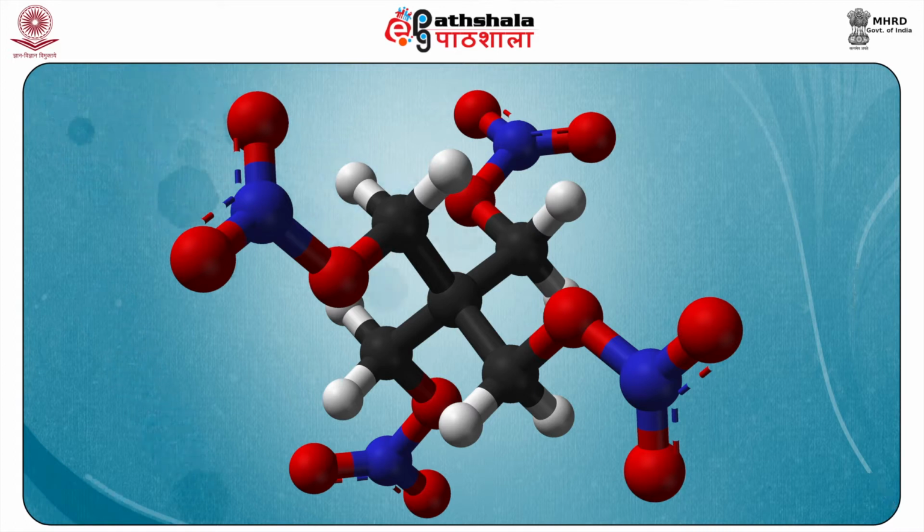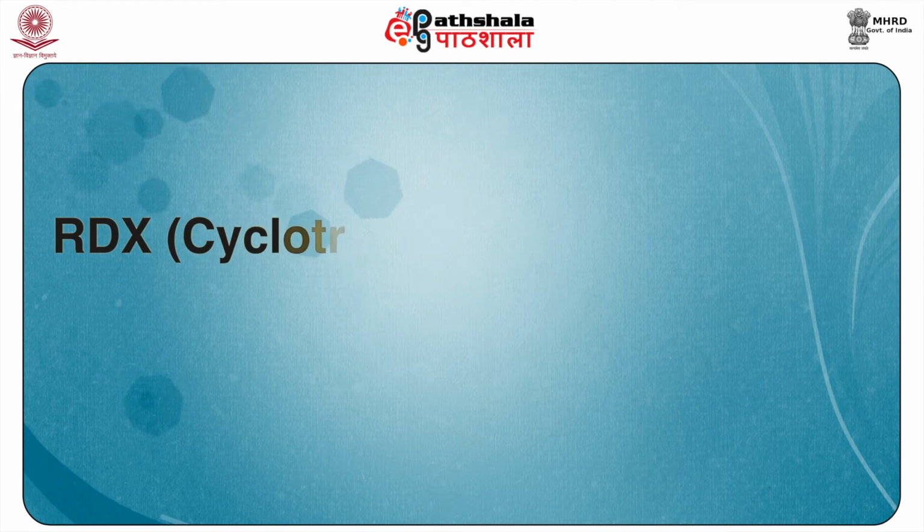The crude PETN is then removed by filtration, washed with water, neutralized with sodium carbonate solution, and finally recrystallized from acetone. This results in a 95% yield of PETN.